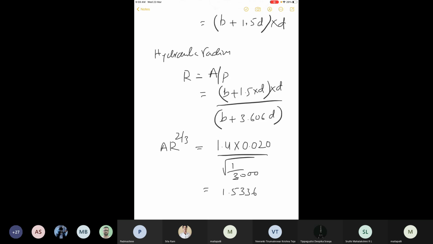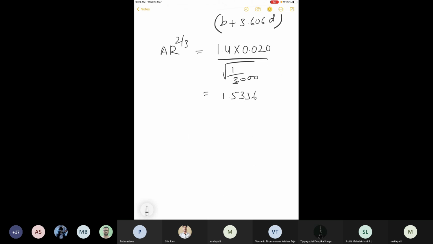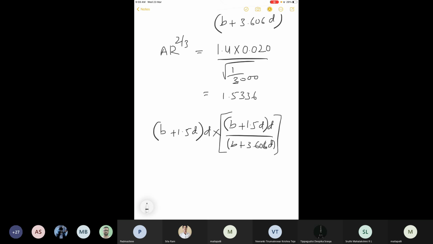So now we are going to equate A R power 2 by 3 with this value. So that will be A, which is B plus 1.5 into D, multiplied by R, which is B plus 1.5 D into D divided by B plus 3.606 into D, all to the power 2 by 3, which is equal to 1.5336.